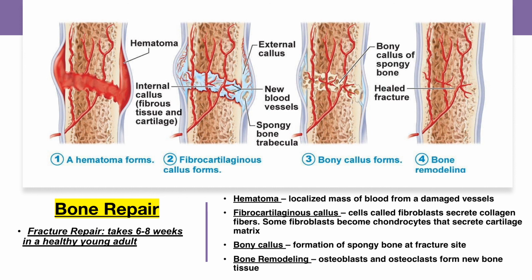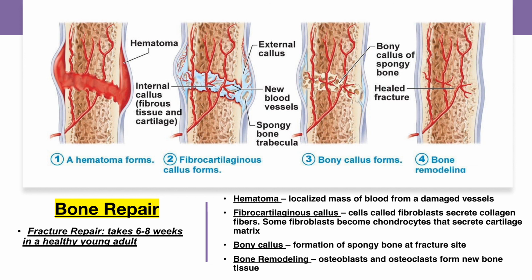After a while, it is cells called fibroblasts. They secrete collagen fibers, and some of these fibers become chondrocytes, remember, cartilage cells. And these chondrocytes then secrete cartilage matrix, providing more solidification to the surrounding. This is the stage of fibrocartilaginous callus formation, all right?